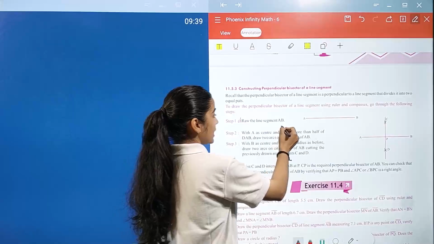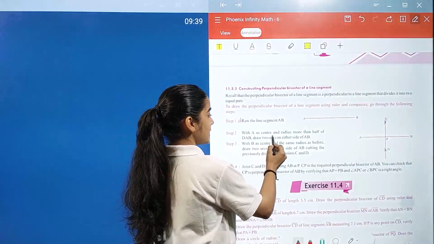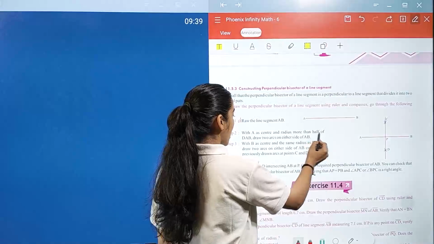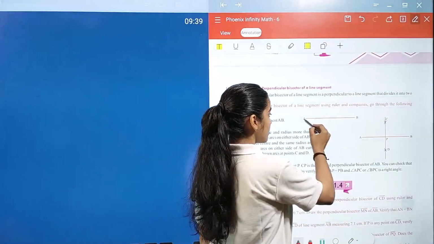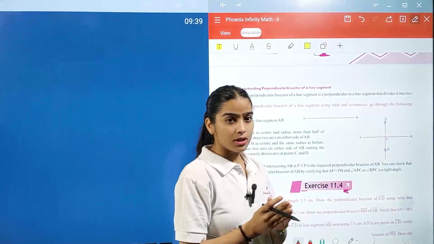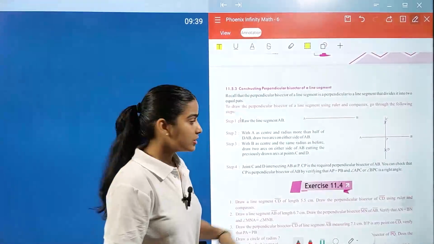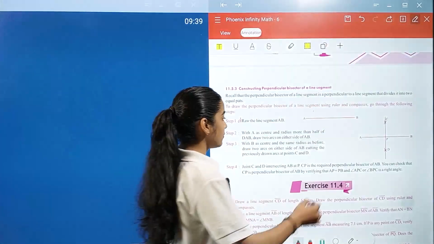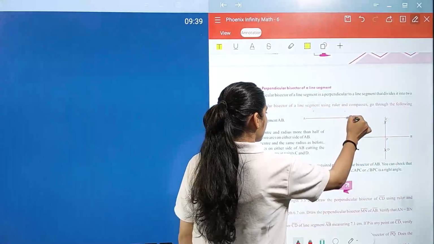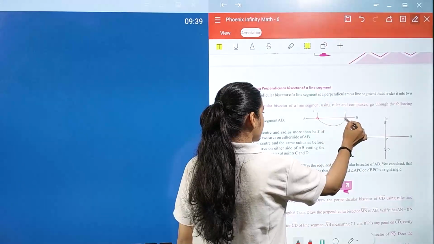Draw the line segment AB. With A as center and radius more than half of AB, draw 2 arcs. So this is your line AB. Take a radius which is more than half of AB. After this, take the arc like this, in which way your AB is intersecting.